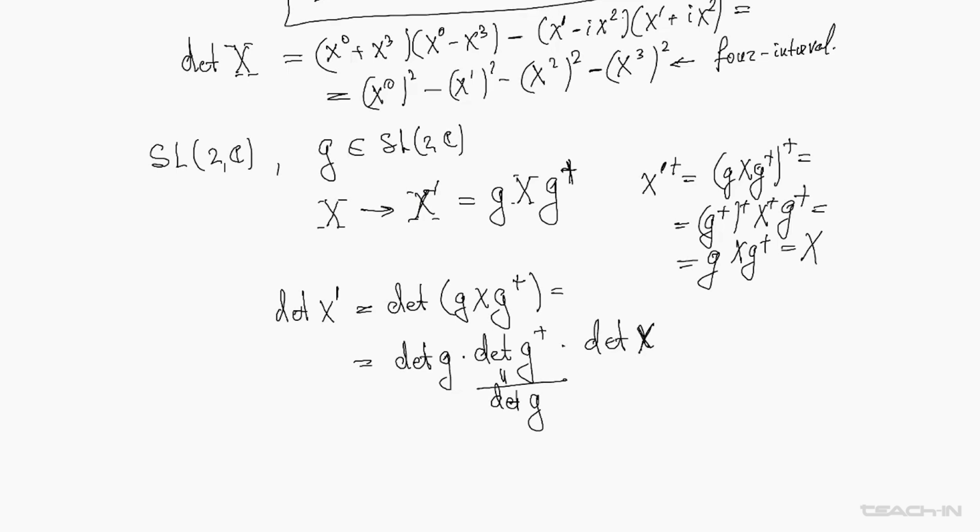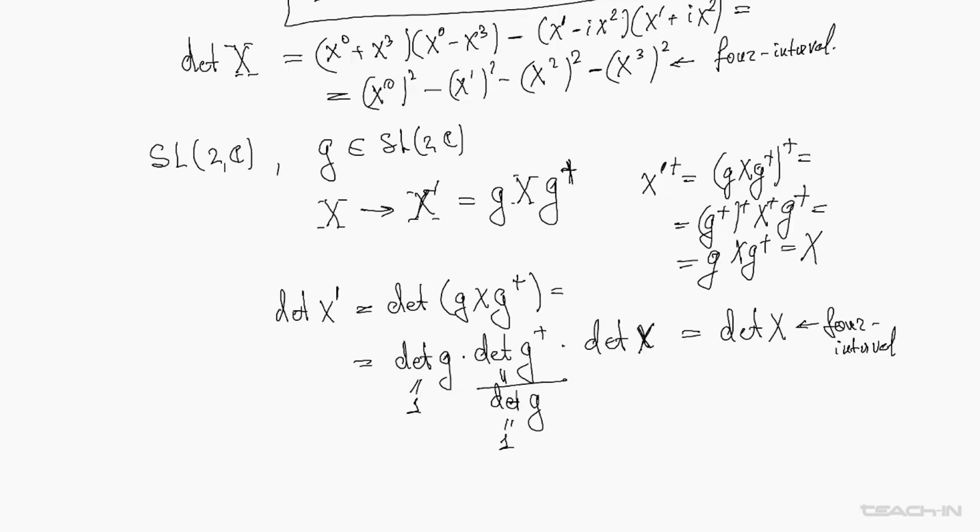We conclude that since these determinants are equal to 1, we get determinant of x, and determinant of x is a 4 interval. From where we conclude that such transformations by matrices from SL2C preserve the 4 interval.